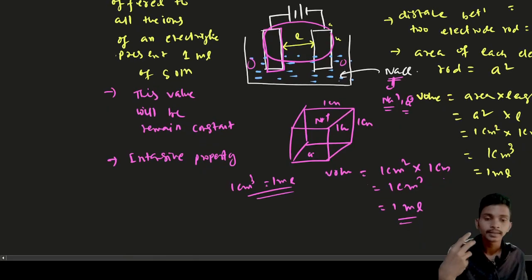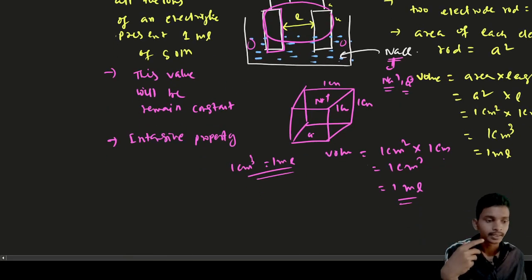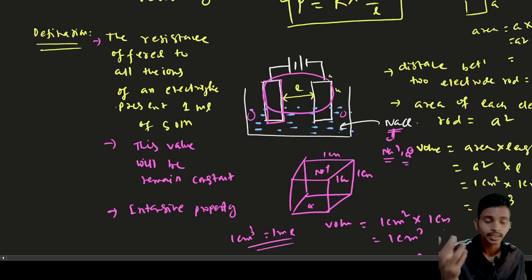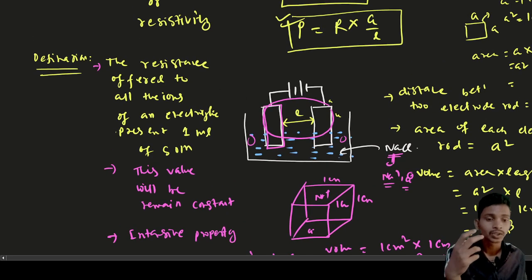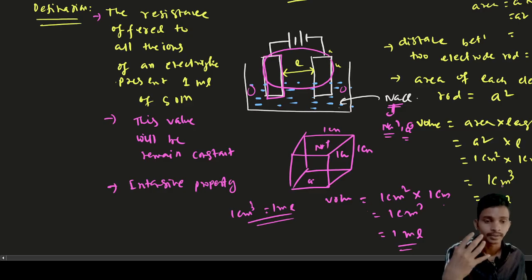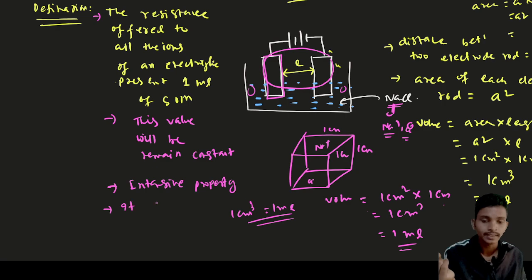And what we say is that the resistivity of any substance, or specific resistance or specific resistivity, does not depend on the size of the materials. It depends only on material property.